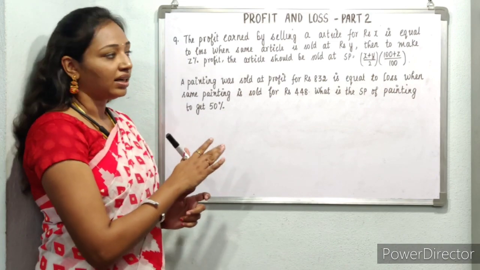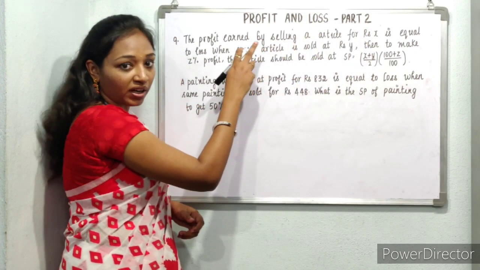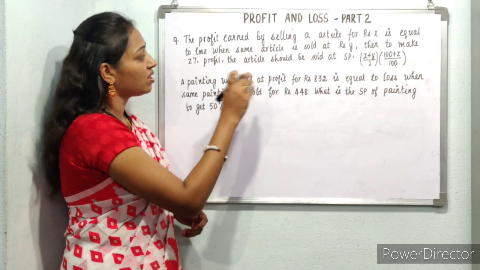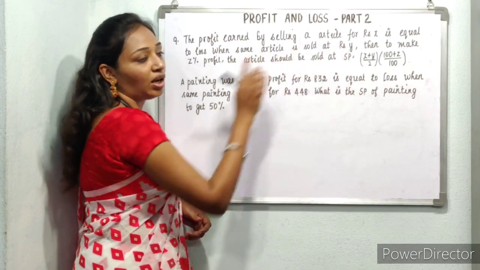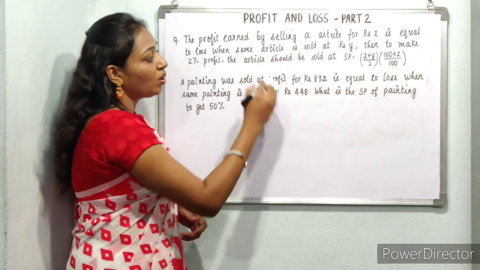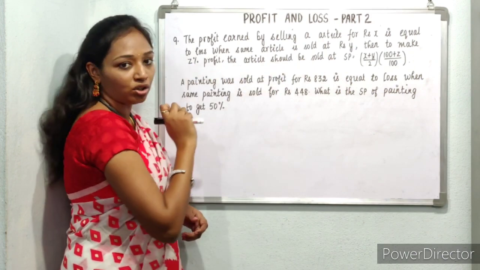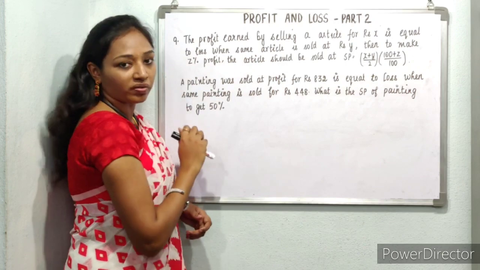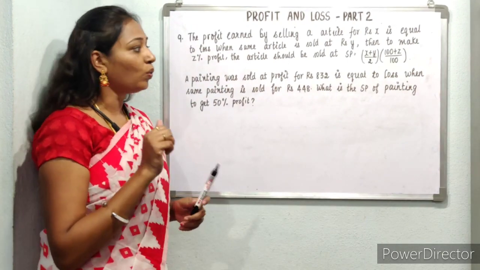Now what they are telling is, if they sell one article for X rupees, we get a profit, and that value is equal to the loss when it is sold at Y. So when we have to get Z% profit, at what price the article should be sold, that is the meaning of this question. Now before starting this problem, I would like to tell you one important thing.